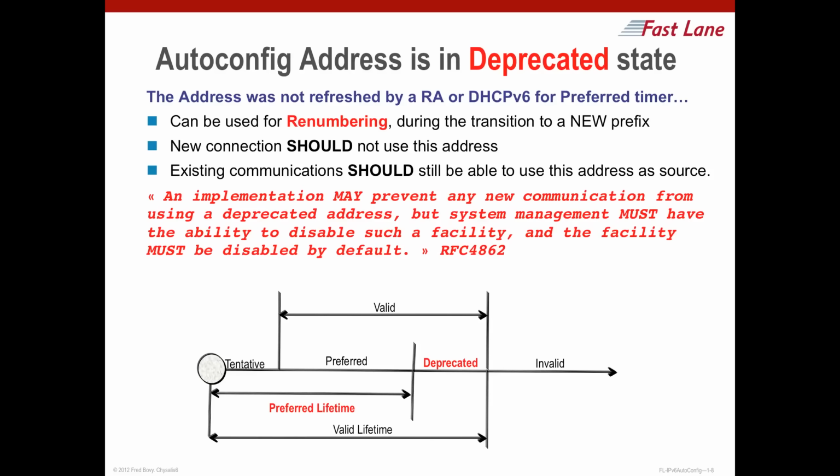If the address is not refreshed by router advertisements or by DHCPv6, the address may reach a deprecated state. In the deprecated state, the address should not be used for any new connection. So it is still a valid address, but it should not be used for any new connection on the nodes. This is very useful for the renumbering process.